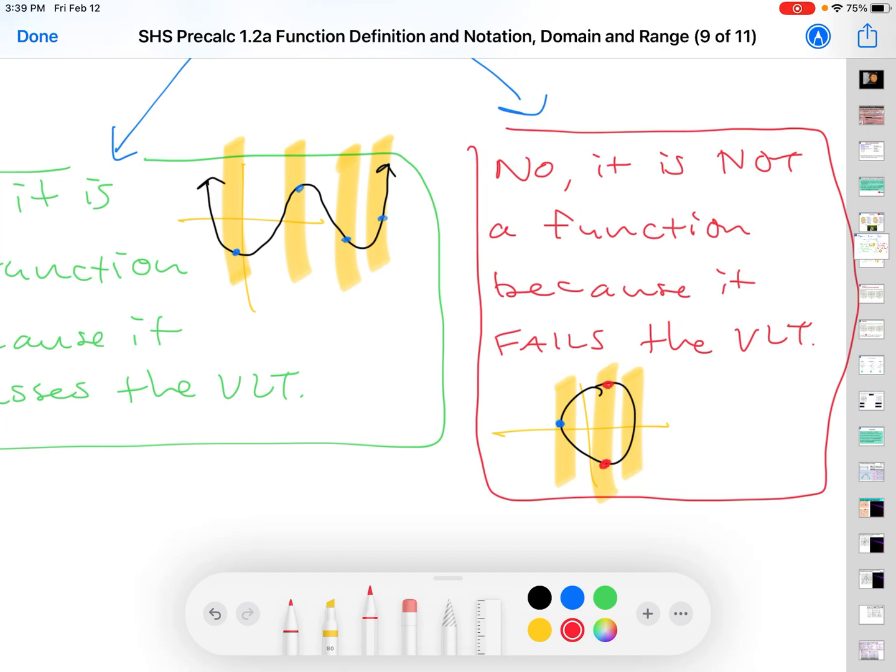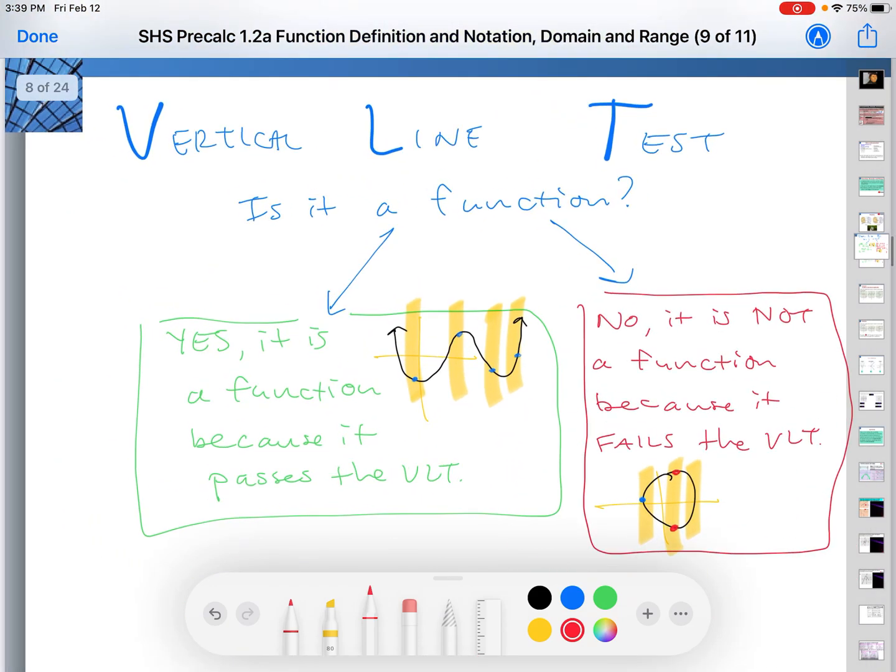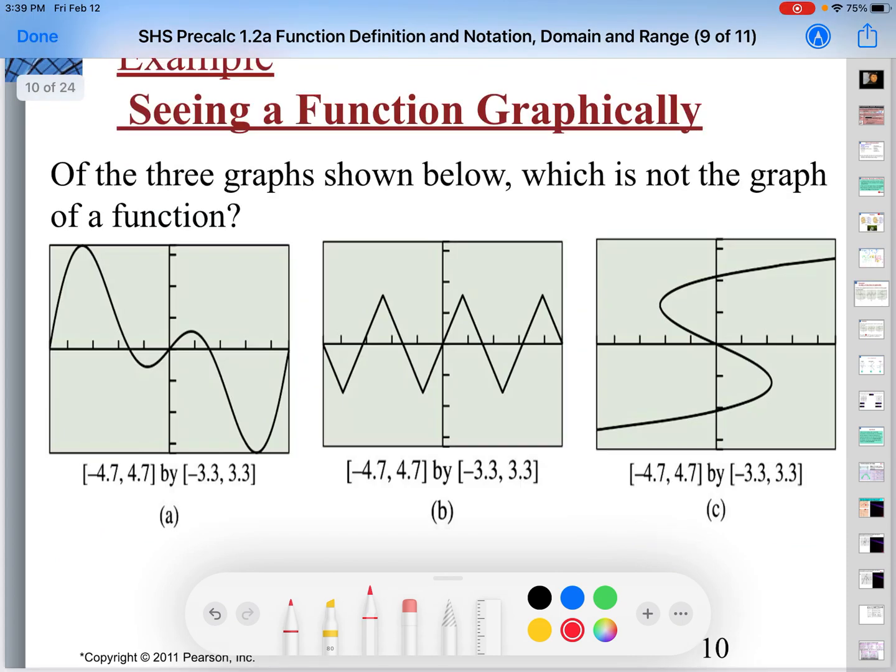Let's go through a bunch of examples here. Of the three graphs shown below, which one is not a function? So do the same thing, just randomly put any vertical line. They also call this the pencil test. You can actually put your pencil down on it.